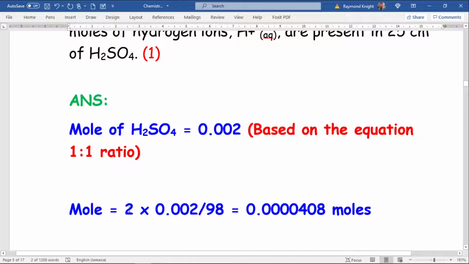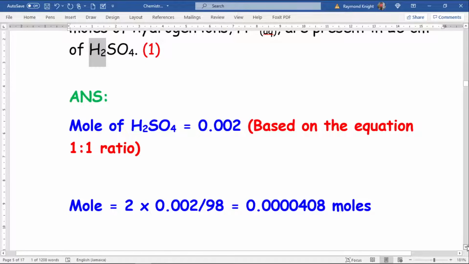It is a 2 because in H2SO4 there are 2 atoms of hydrogen. The total mole is 0.02, so it's going to be 2 multiplied by 0.02 divided by 98. That gives us a percentage ratio of the moles of the hydrogen ions within H2SO4. Okay, that will be our moles there.